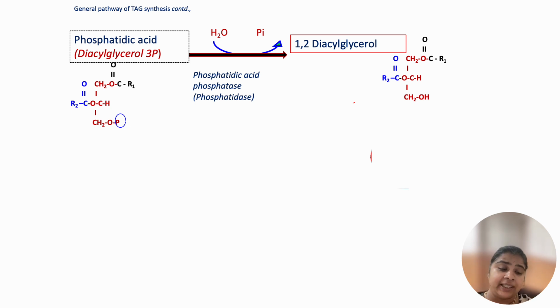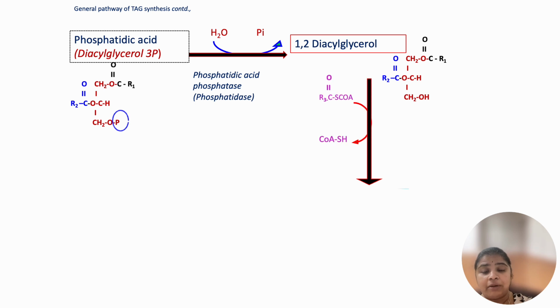Before that, the phosphate group that is present at position 3 has to be removed. So, we require a phosphatase for this, phosphatidic acid phosphatase. Removal of the phosphate group happens and we are left with 1,2-diacyl glycerol.